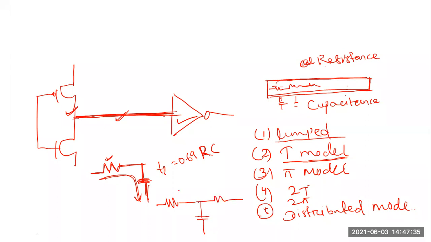This is R by 2, this is R by 2, this is C. It looks like a T, so that's why it is called the T model. Then another model is the pi model.